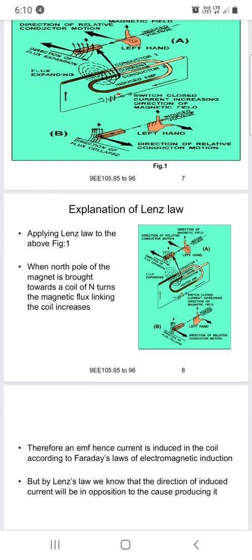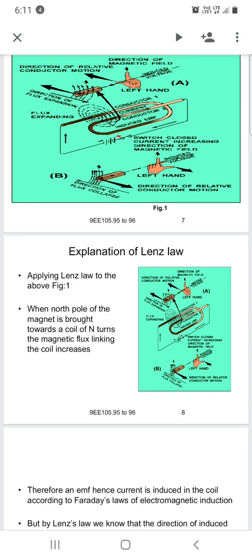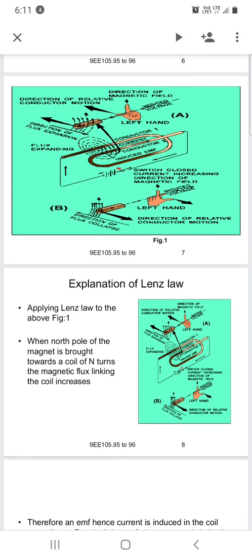So this is the explanation of Lenz's law. Applying Lenz's law to figure 1: this is the conductor and this is the battery, and here the switch is in figure A. The battery is connected in series with the switch and conductor.